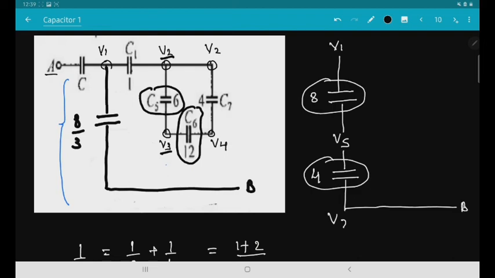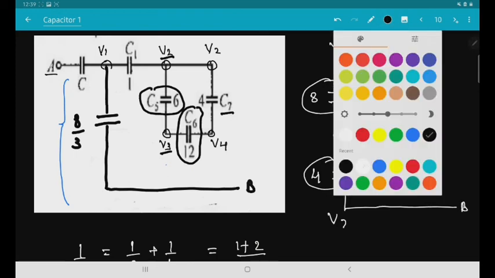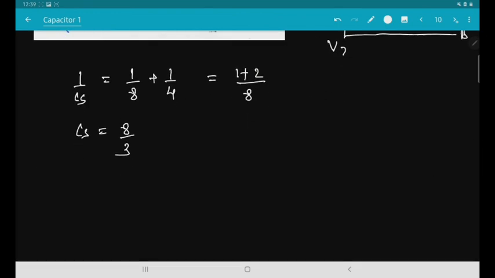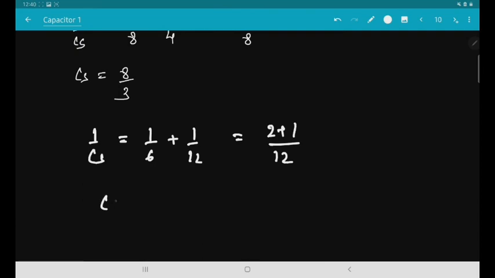So these two will be in series. Let us first reduce these two, and then we will see whether C1 is in series or parallel. So we have 6 and 12. The equivalent capacitance of this will be 1 by 6 plus 1 by 12. That means we have 2 plus 1 divided by 12, so CS will be 12 by 3. That means you will get 4.